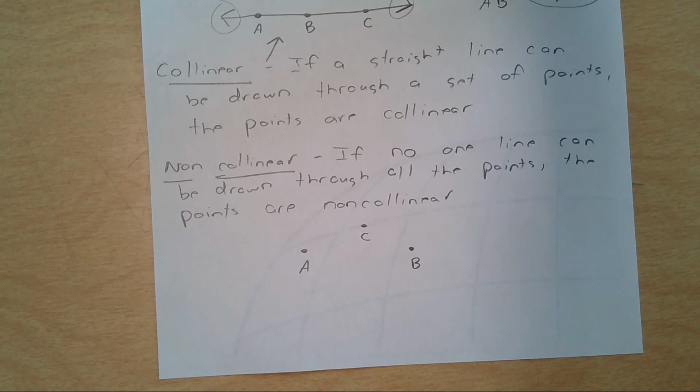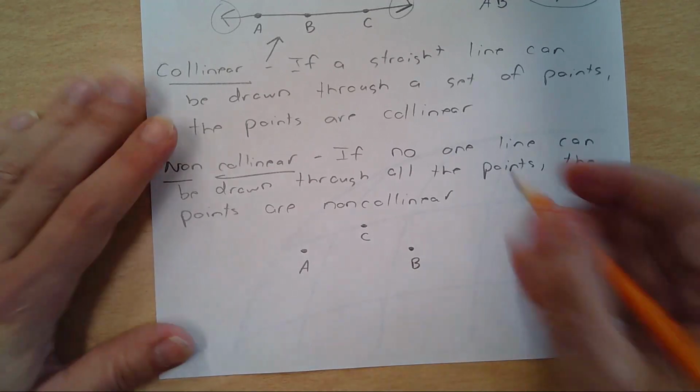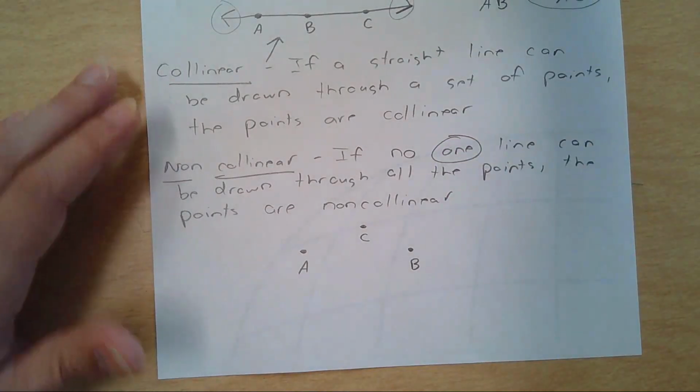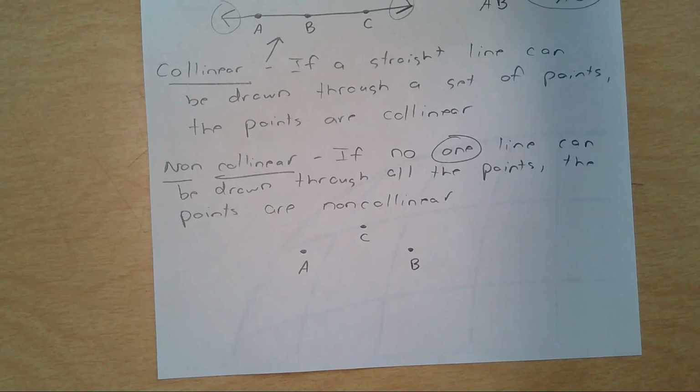I could connect C to B, I could connect A to B, and I could connect A to C, but there is no one line I could draw that would connect all three, no straight line that's going to connect all three of those points. Again, I could use two lines, but the whole key is it has to be one line. And if I can't draw one line through all the points, then the points are considered non-collinear.